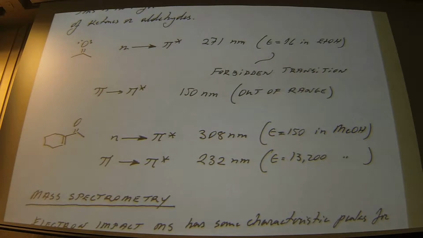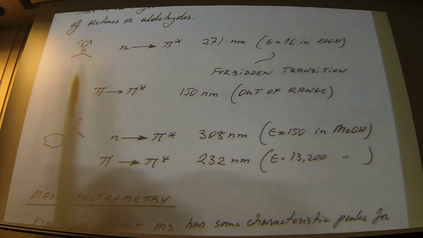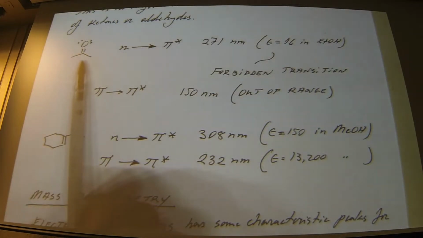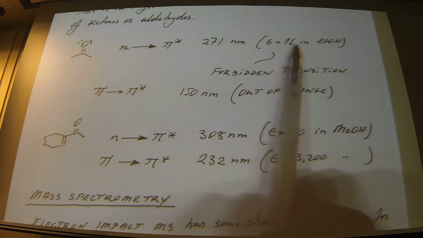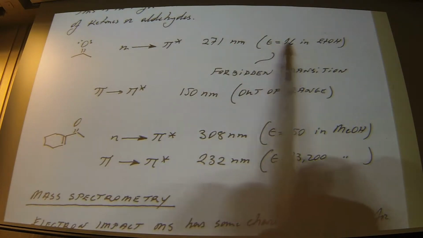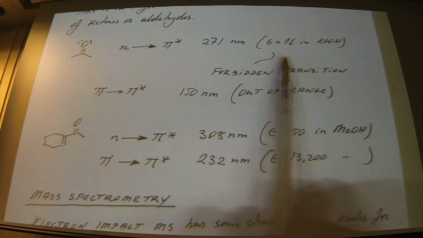It means that it's much less likely than the alternatives. And it is less likely in this case, and I don't want to put a fine point on this, because of the symmetry properties of the orbitals. But for acetone, it really doesn't matter. Why? Well, this is within range, but it's a weak peak. This epsilon, remember, gives you the intensity of the peak.